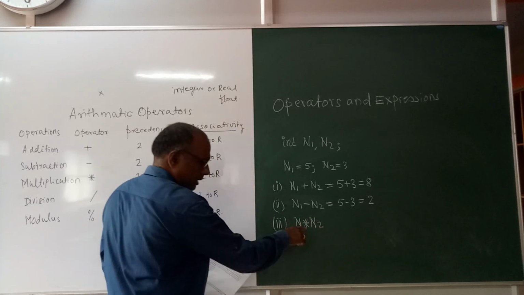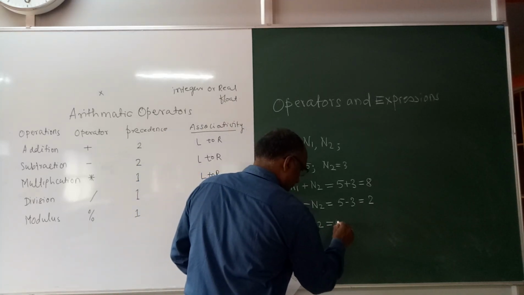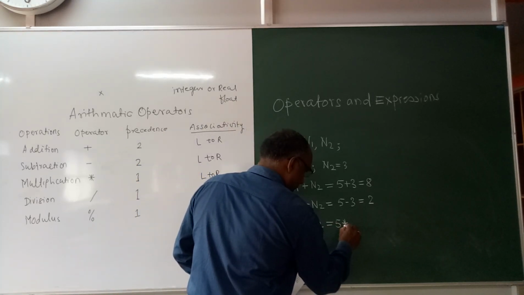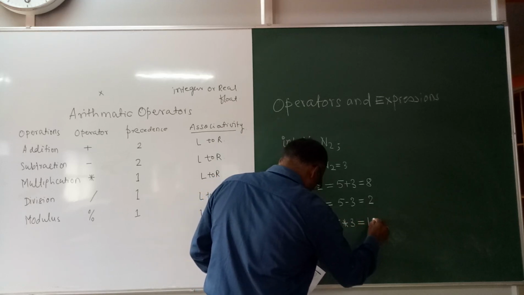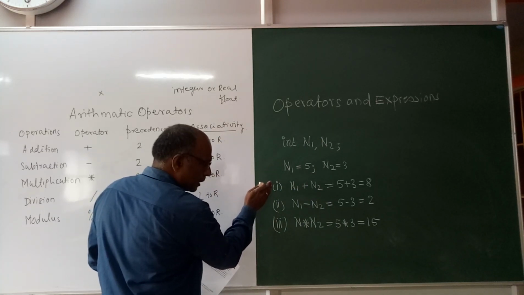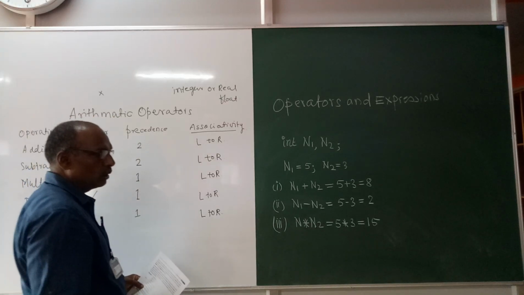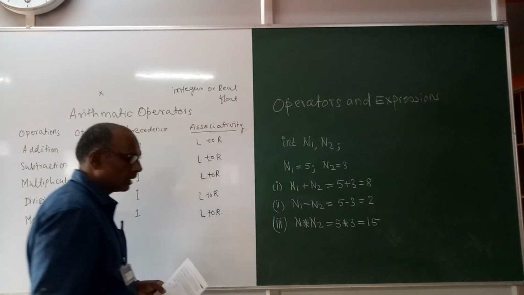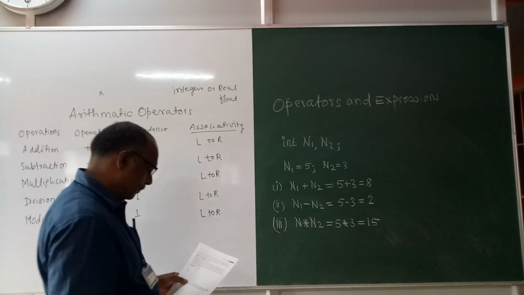This should be used in C language for multiplication. This will be 5 into 3, this is 15. This is called integer arithmetic operations performed by an operator on two operands, binary operators you can say.